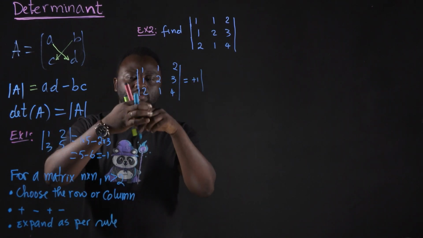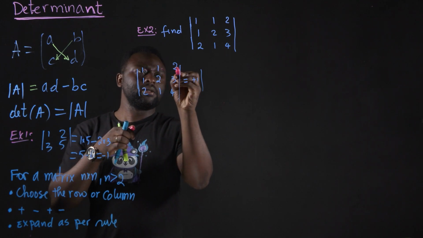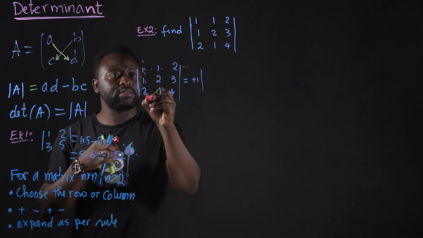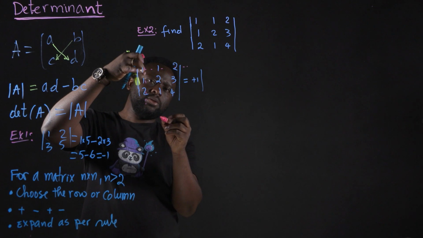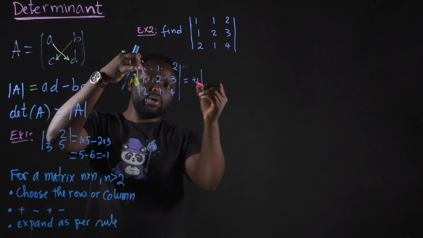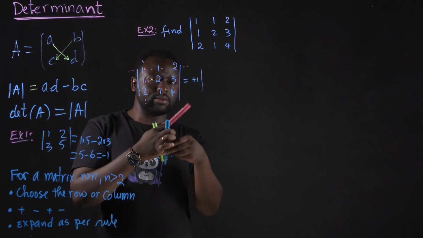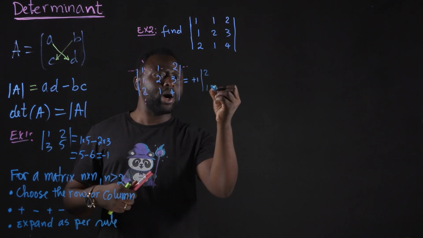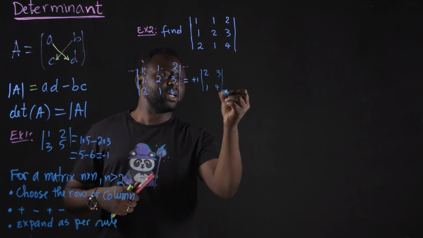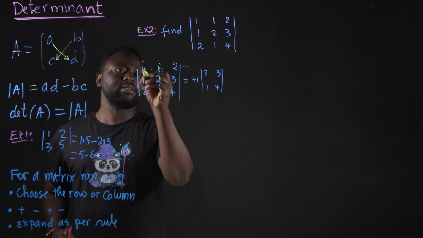If I cross this row and this column, I cross this number twice, that's why we have plus 1. The first position is plus 1. You remain with these 4 entries. So this is 2, 1, 3, 4. Secondly, I want to cross this second part. I have crossed this.